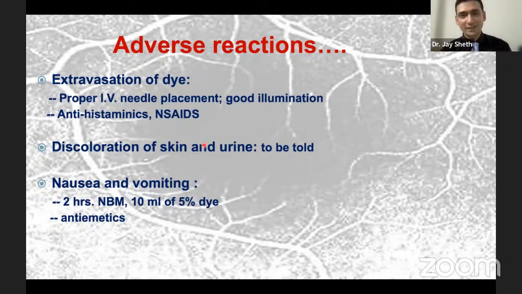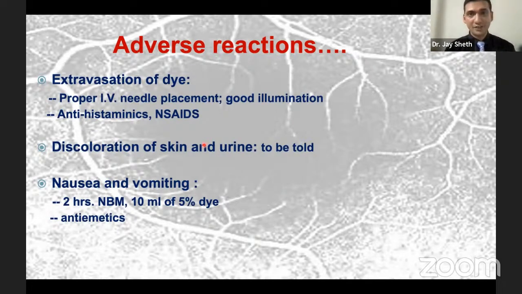So if you inject a dye and you do not see the dye appearing in the FFA pictures within the first 15 to 20 seconds, the first thing you should do is look at the arm of the patient where the angiography is done, whether there is any localized swelling. That will give you an idea whether there is a localized extravasation or not.